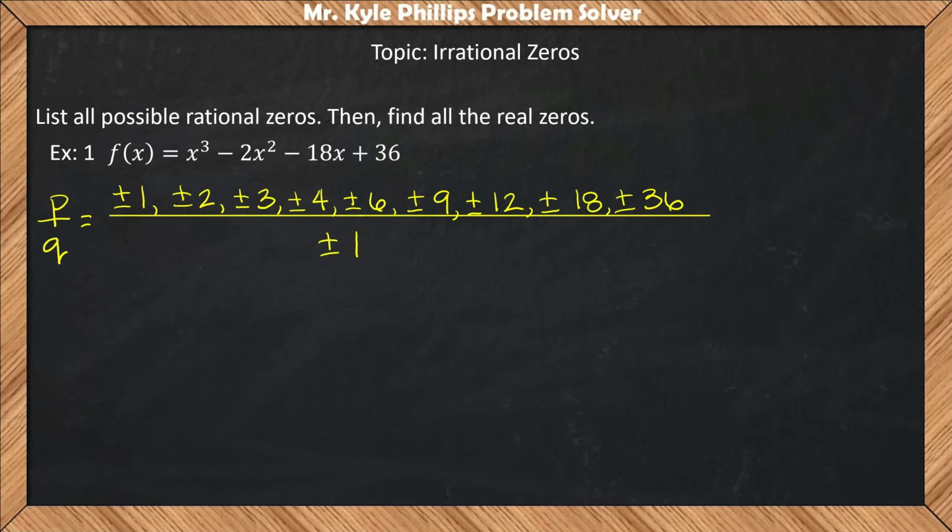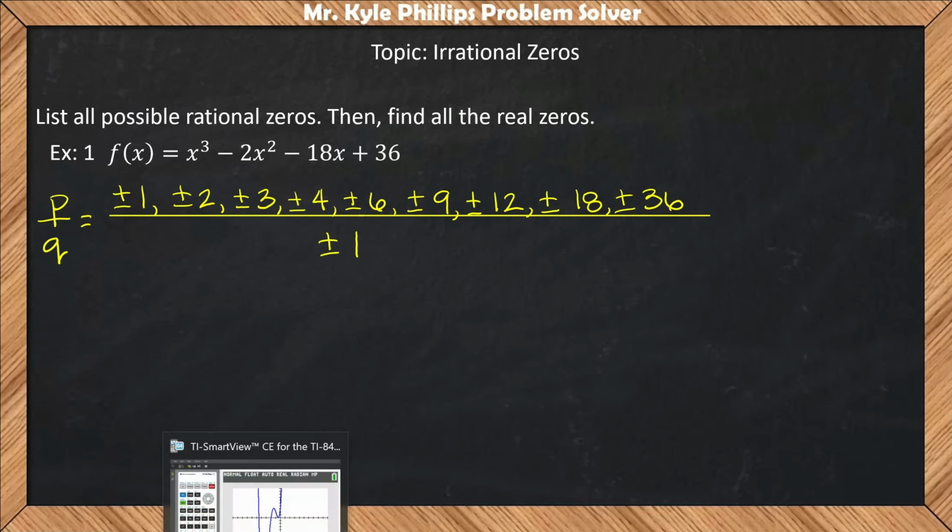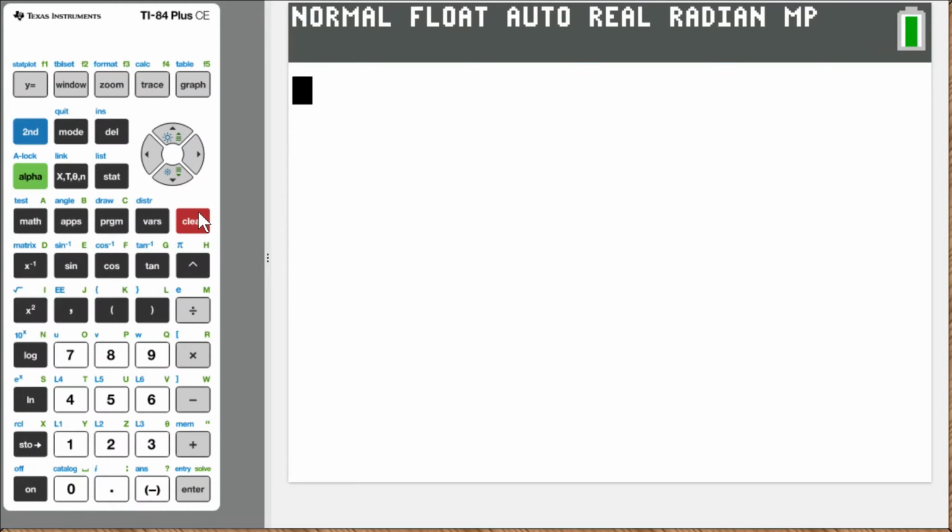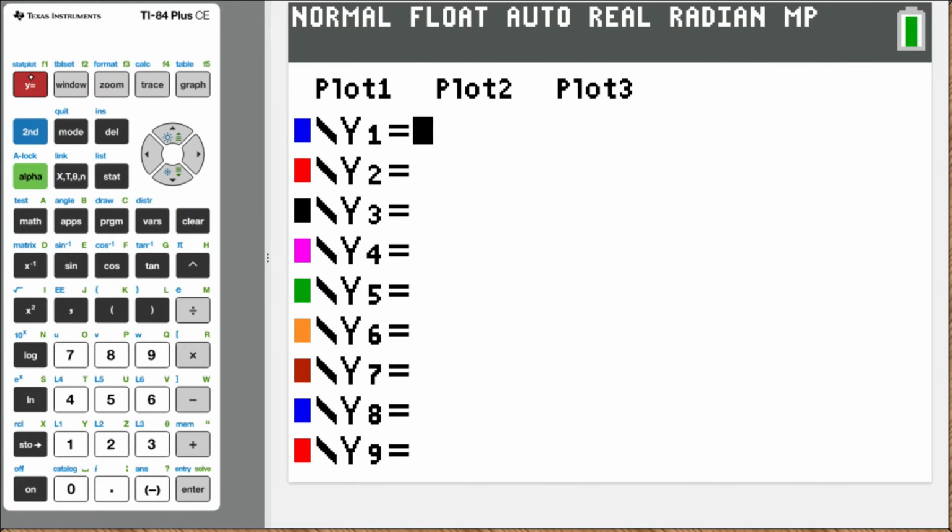So we will need to determine which one of these is a zero in the polynomial. What I recommend doing is using a calculator to find out which one of these factors is a solution. Here I've pulled up my calculator, and I'm going to come up to y equals and type in my equation from the problem.